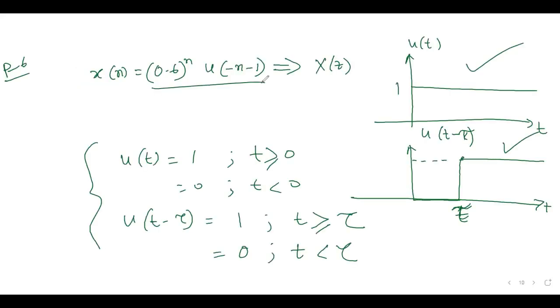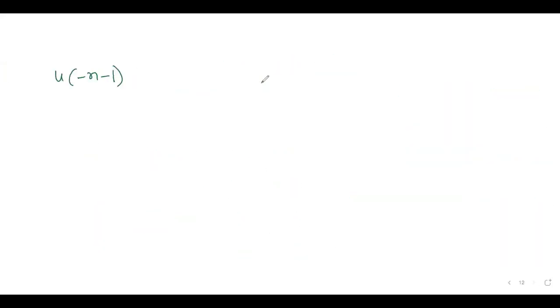করে দিই যতটা পারি। কি আছে আমার সিগন্যালটা বলো? u of minus n minus 1, তাই তো? সিগন্যাল is this signal is 0.6, that is u of minus n minus 1. You know, it is 0 for n greater than minus 1 and 1 for n less than or equal to minus 1, তাই তো?